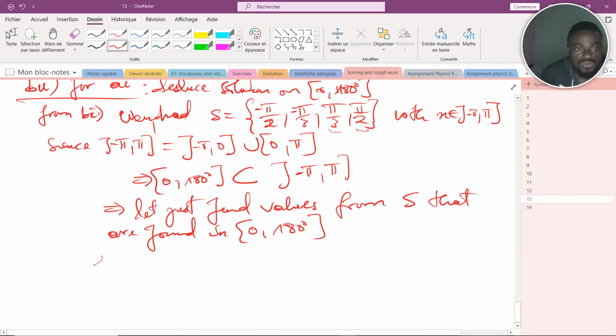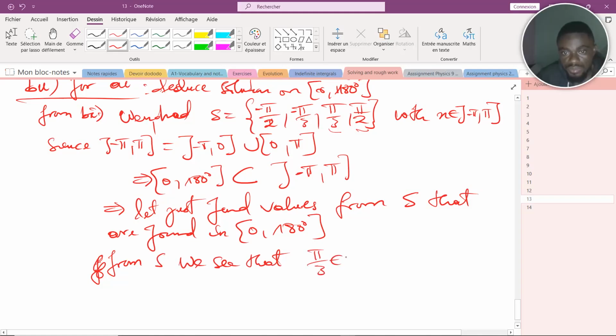So from S, we see that pi on 3 belongs to the interval 0 to 180 degrees, and pi on 2 also belongs to the interval 0 to 180 degrees. Is that okay?